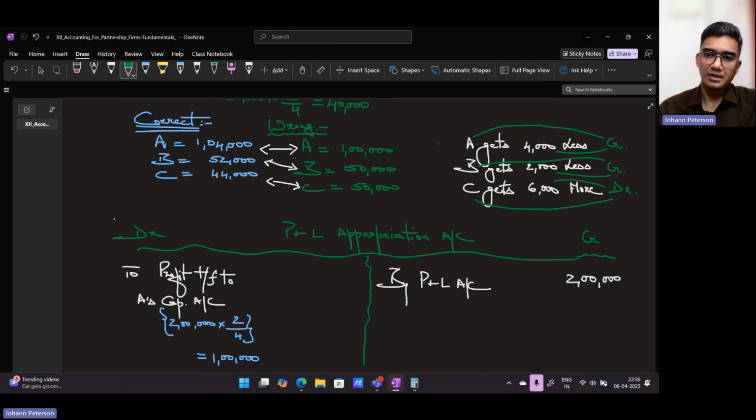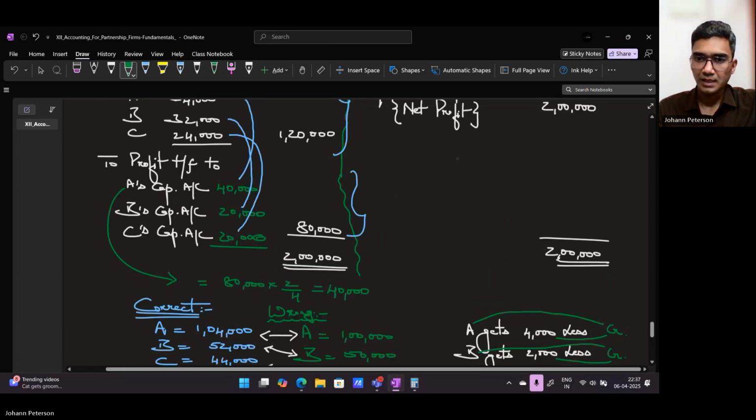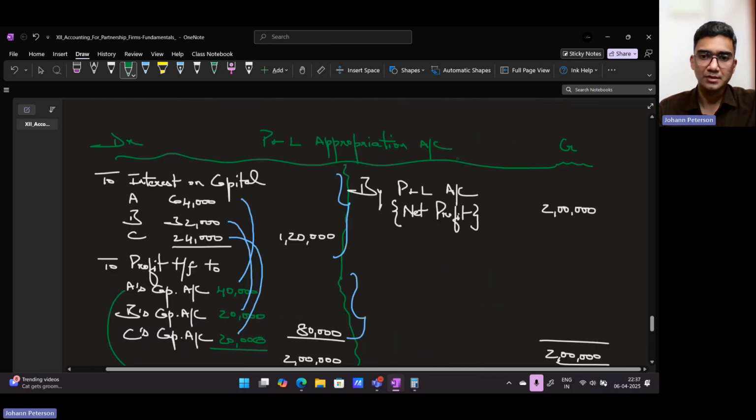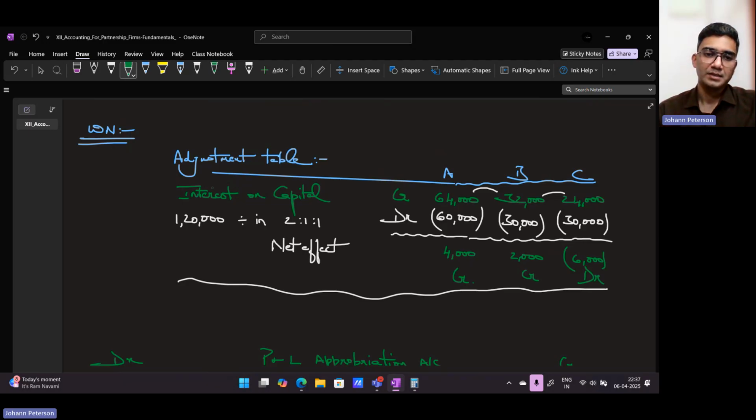This is everything that is going on behind the scene. So do we need to solve such a big way? No, we do not need to solve such a big way. What we need to do is just make this adjustment table. In this, we first write down the interest on capital, which is 64,000, 32,000, and 24,000.